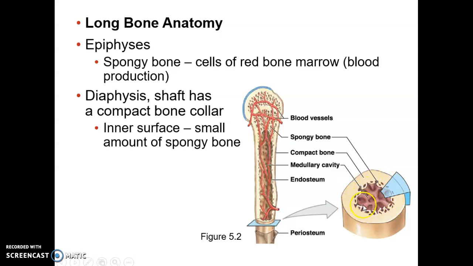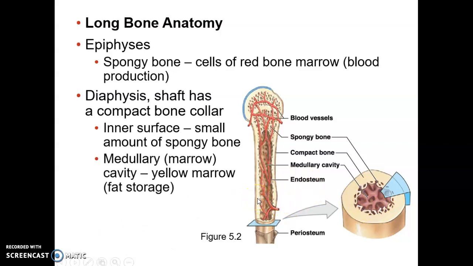Sorry, spongy bone. Okay? The outer collar, if you will, is compact bone, and the inner surface has a thin layer of spongy bone at the diaphysis, or the shaft of a long bone. And then that space in the center again is the medullary cavity, or the marrow cavity, filled with yellow marrow, fat storage.